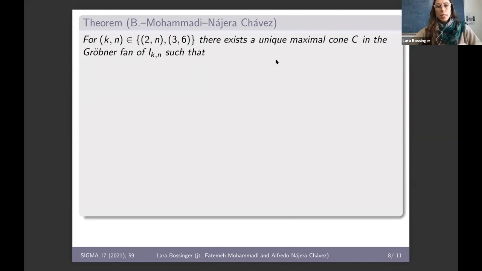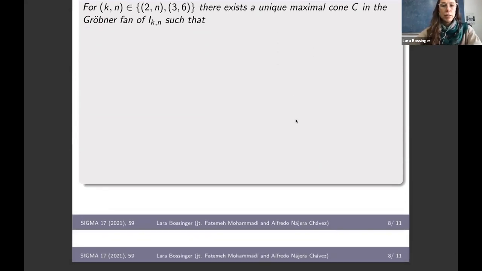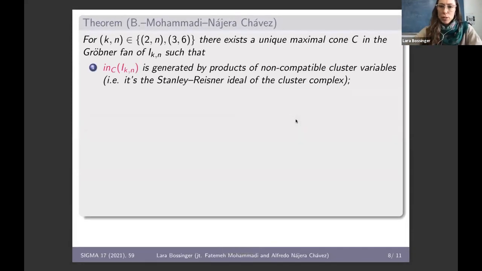And in both cases, in the Gröbner fan of this ideal, we can find a unique maximal cone that has the following properties. First of all, I didn't mention, but this is a smooth cone, so it is simplicial, and its rays generate a lattice basis. The first observation is that the initial ideal associated to this cone is generated by the product of all non-compatible cluster variables.